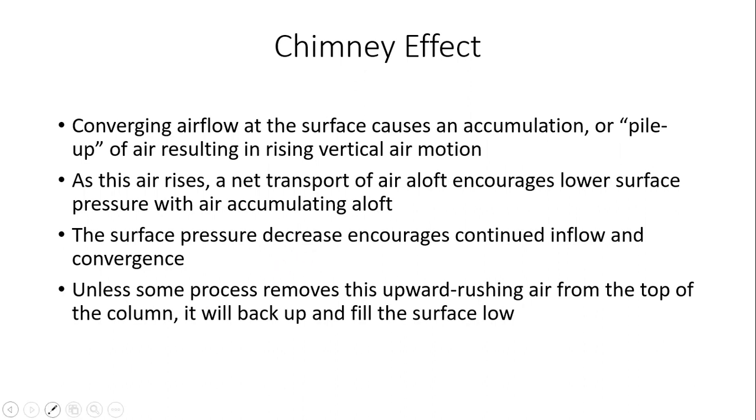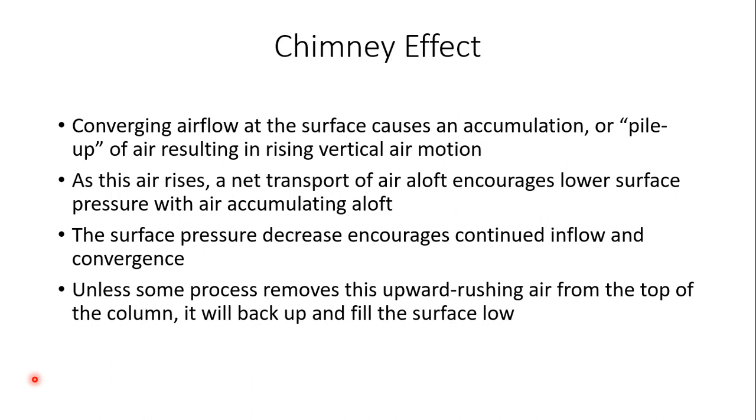And with that being said, we have to take a look at a couple effects here. The first one is known as a chimney effect. Now what happens here is converging airflow at the surface, low-level convergence, causes an accumulation or piling up of air that generally tends to result in rising vertical air motion. And as this air rises, a net transport of air higher up aloft encourages lower surface pressure with air accumulating aloft.